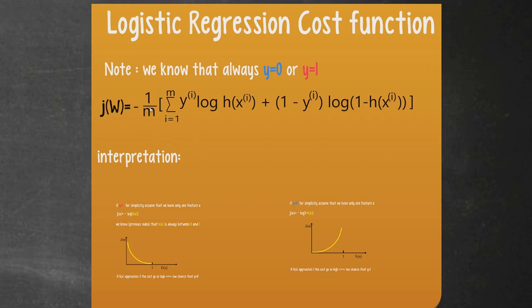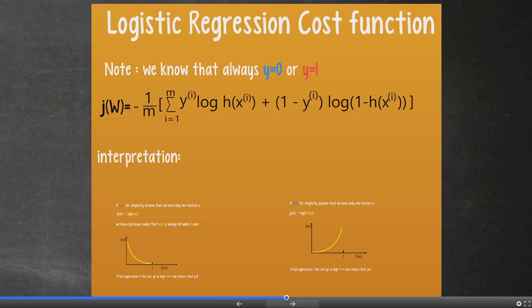So J equals minus 1 divided by m, the sum from 1 to m, of y multiplied by the log of h of x, where x is every single feature from 1 to m, plus 1 minus y multiplied by the log of 1 minus h of x, close.